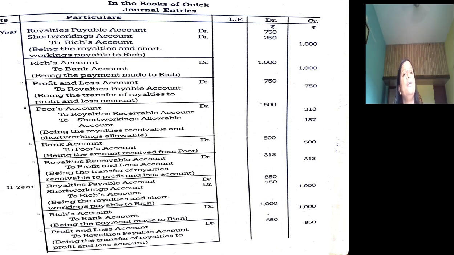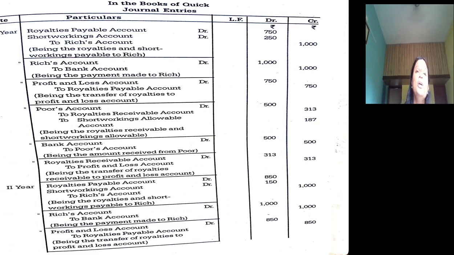But you do one thing while passing entries in your books: write the journal entries for the main lease first, and after completing all five years of the main lease, write separate journal entries for the sublease. If you write journal entries of the sublease along with the main lease, you may end up with confusion while preparing accounts. That's why I have not taught you simultaneously.